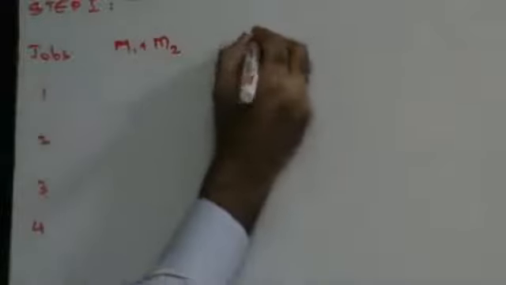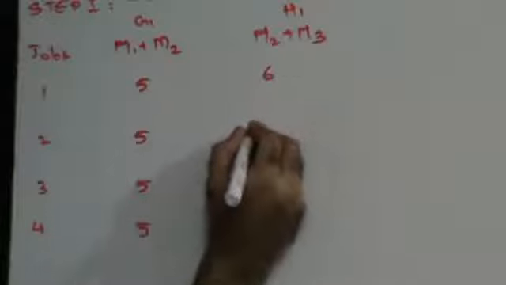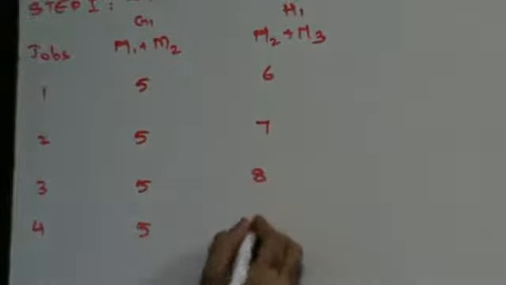Now I'm going to add up machine 1 and 2, so I will call that M1 plus M2, and I'm going to add 2 and 3. So this is going to be G1 and this is going to be H1. This is going to be 5, 5, 5 and 5. This is 6, 7, 8 and 5.